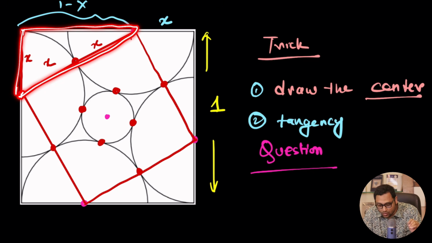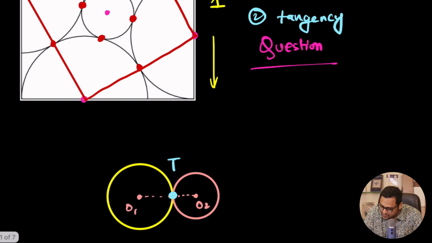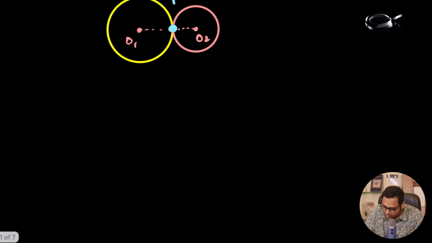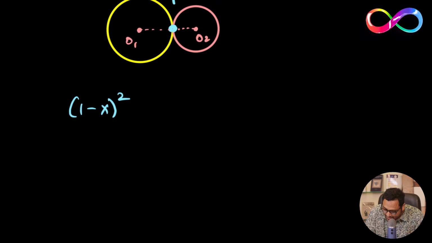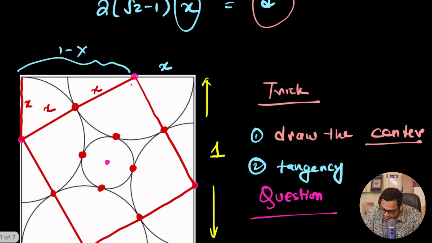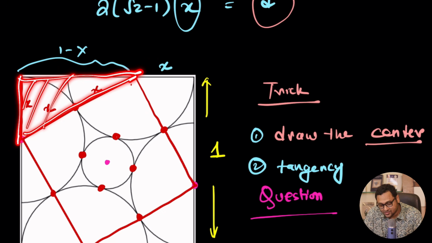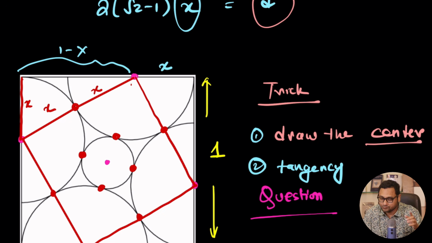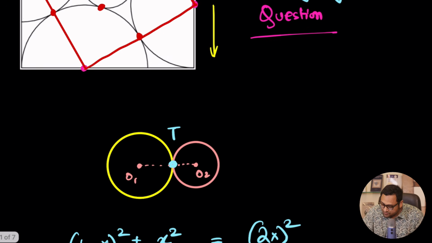It's the only unknown. So using the Pythagorean theorem, we have (1 minus x) whole squared plus x squared equals (2x) whole squared. This is 2x. This is x. This is 1 minus x. So in this triangle, we use the Pythagoras theorem. Great. So we know the value of x.